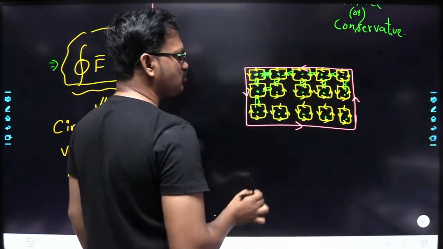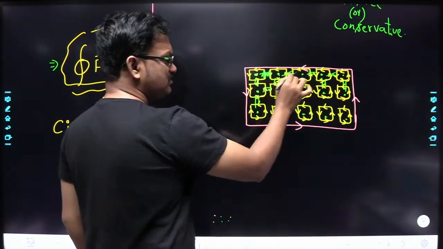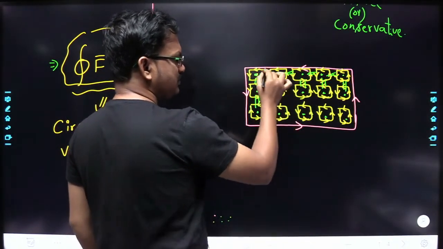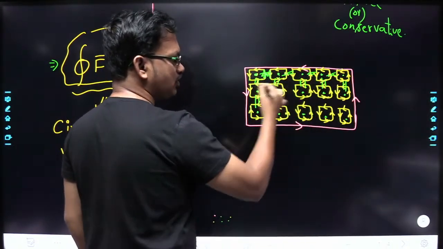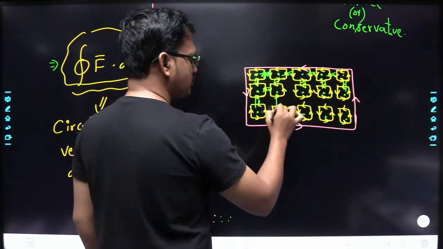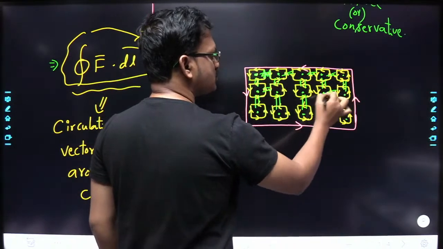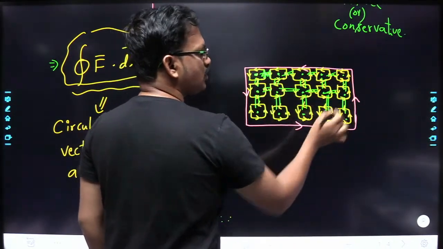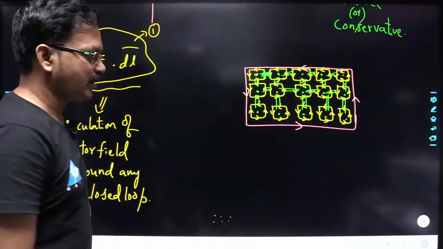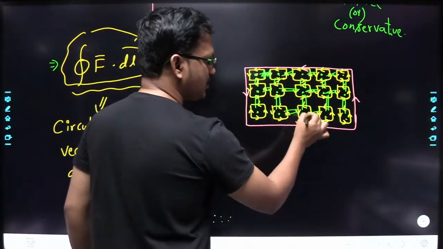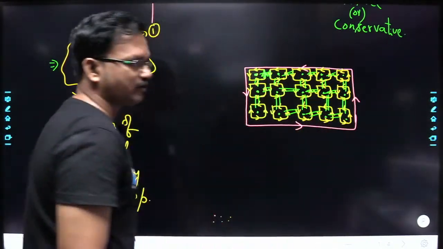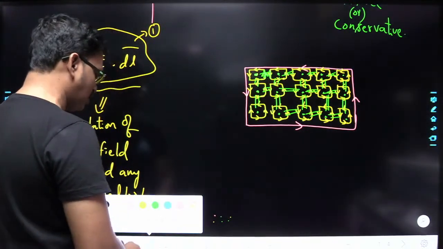So the conclusion is that internal circulations will get cancelled, yes or no? Everything internally will get cancelled. So finally, what is left out here?